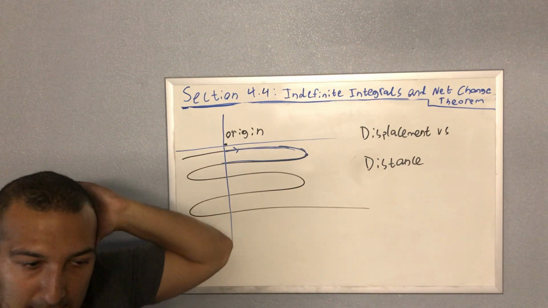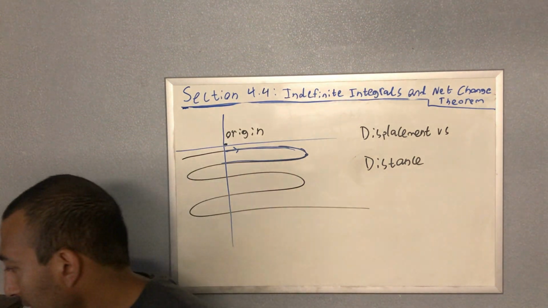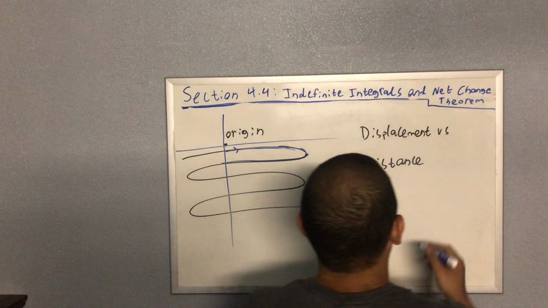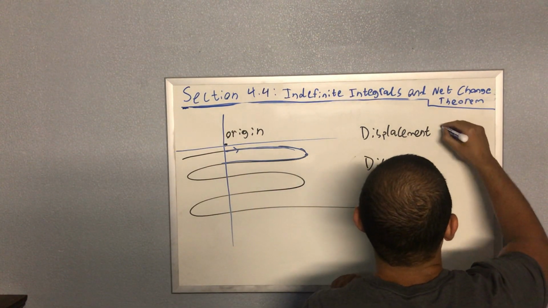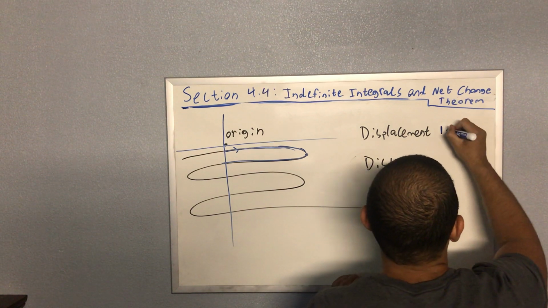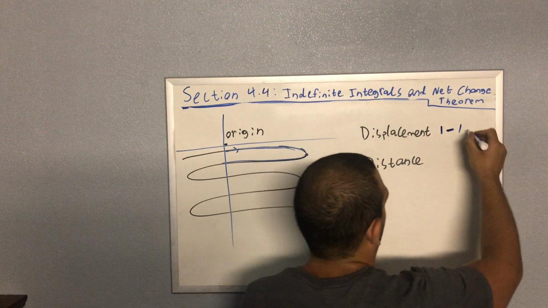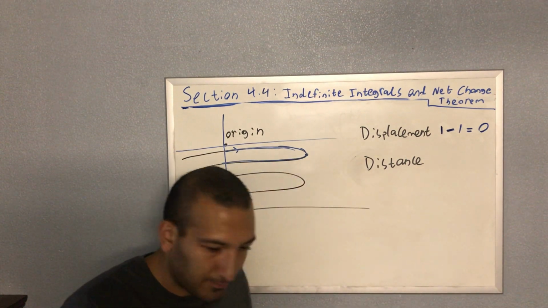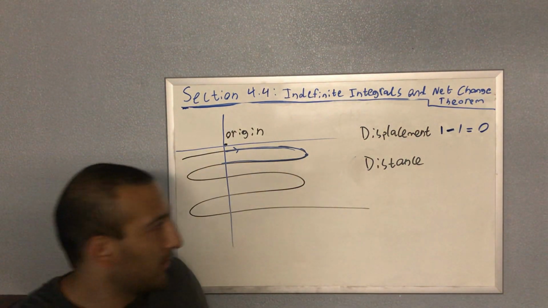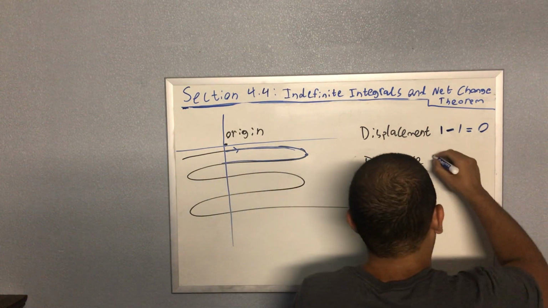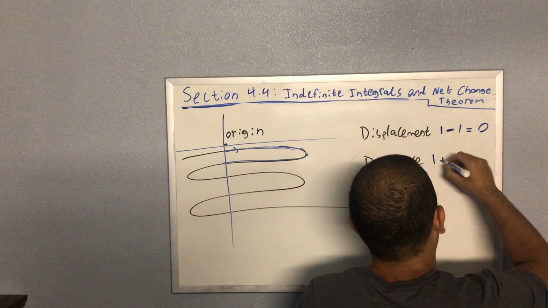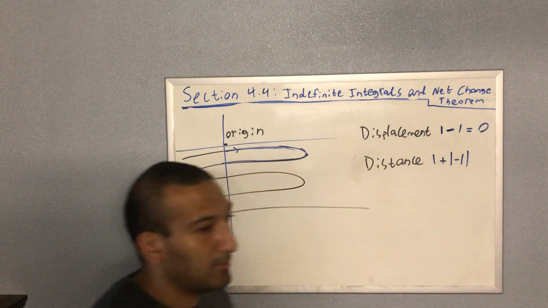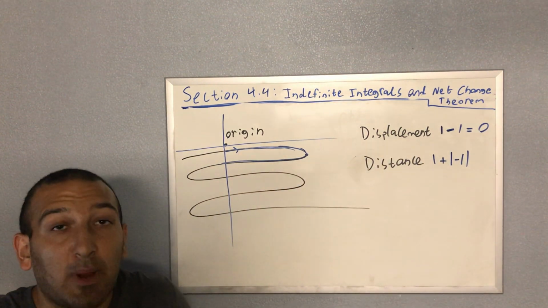So in that case, the sign is important. In displacement, I went 1 meter to the right, but then I went 1 meter to the left, or 1 step, sorry. So I effectively have 0 steps. But with the distance, I went 1 meter right, and then I went another meter to the left, but I still traveled a distance.